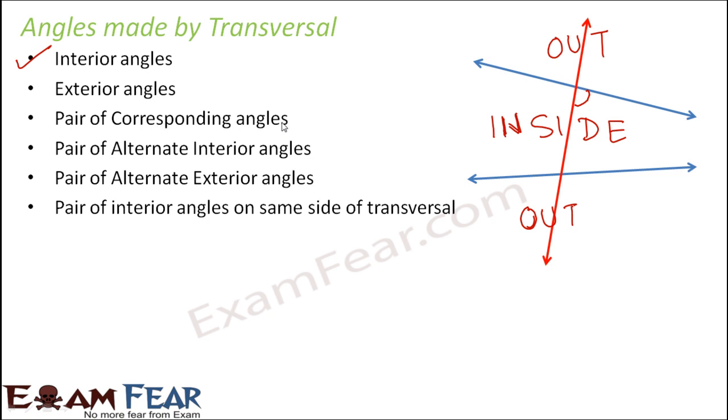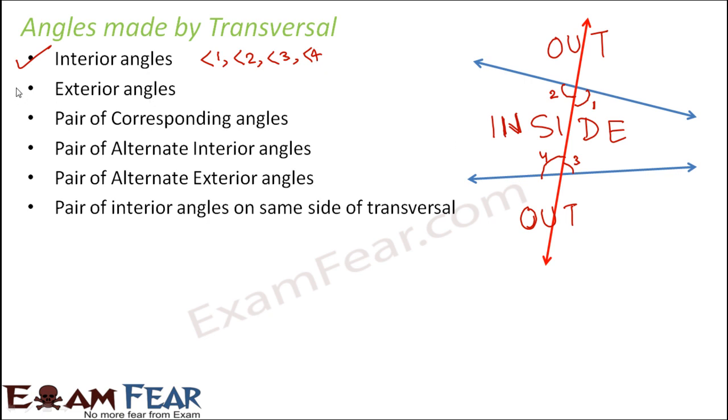And definitely these angles are made by the transversal. So the transversal has to be one arm of the angle. So this angle, let's call this angle 1, this angle 2, this angle 3, and this angle 4. So angle 1, 2, 3 and 4 are the interior angles.